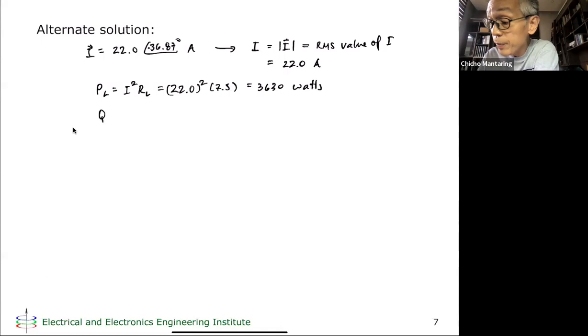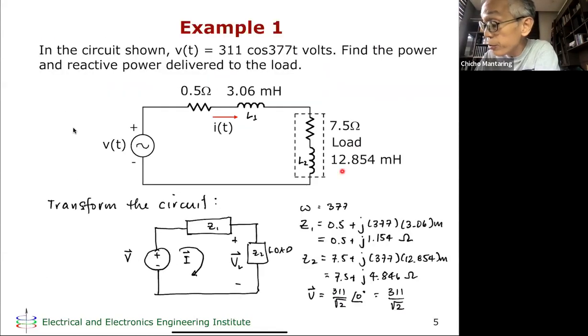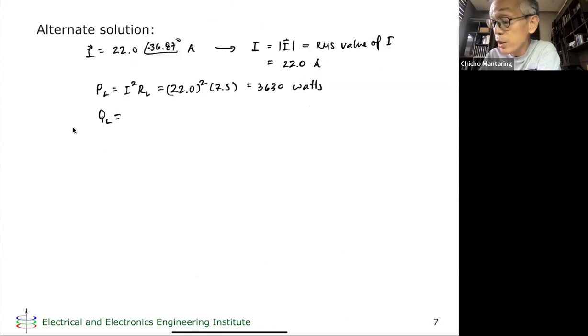And Q of L, I know that reactive power will only be delivered to either an inductance or a capacitance. In this case, it's an inductance. So this is going to be equal to I squared times my load reactance.